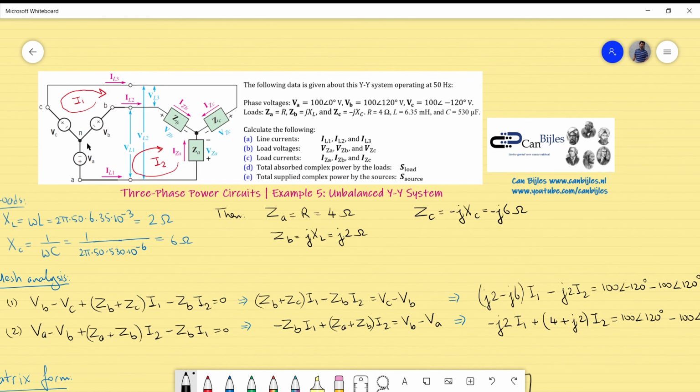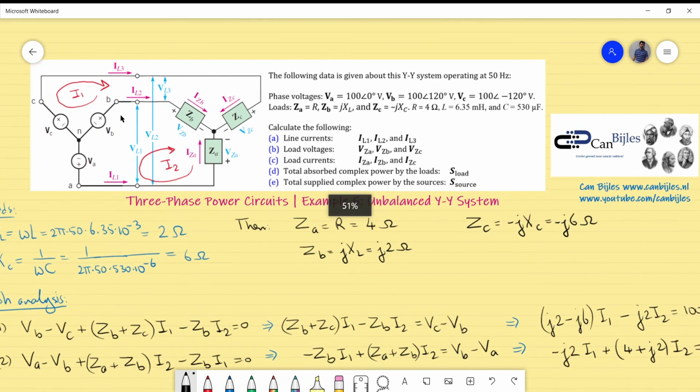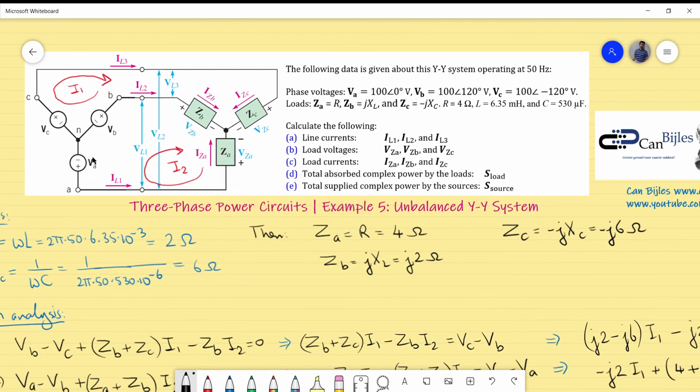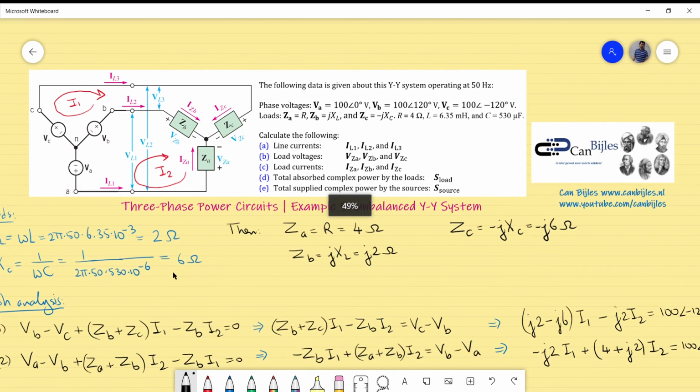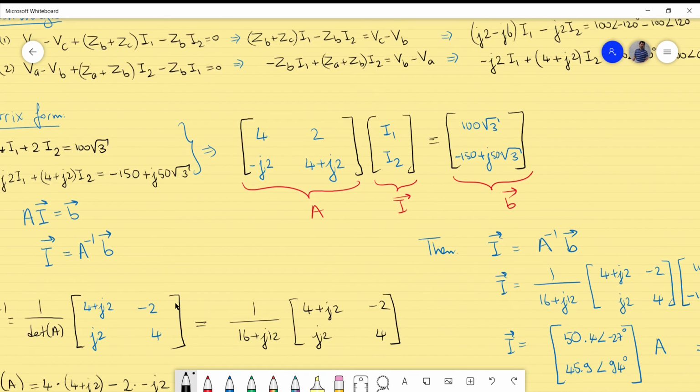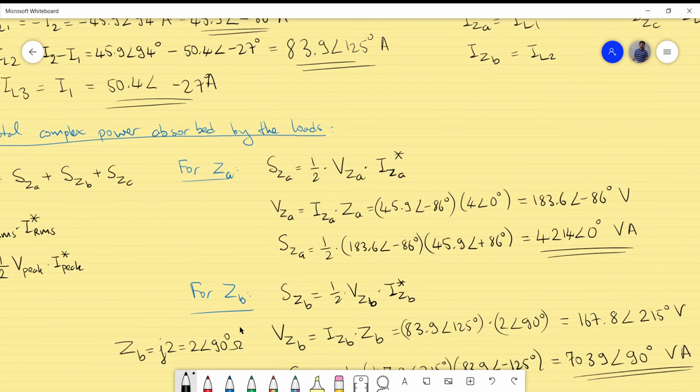So I would like to know the voltage VA times its current, of course the complex conjugate, then I will divide by 2 because I use the amplitudes here. I will do the same for VB and VC, and I will add them up. So actually, that is the whole business for the sources. That will be exactly the same procedure, so I will do that also for question A, all the way down.